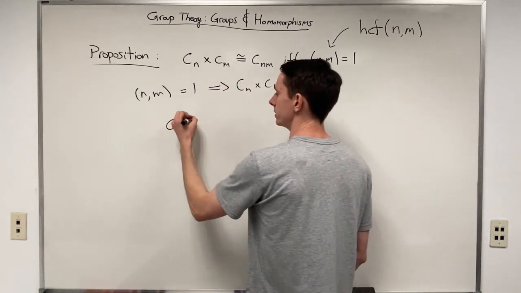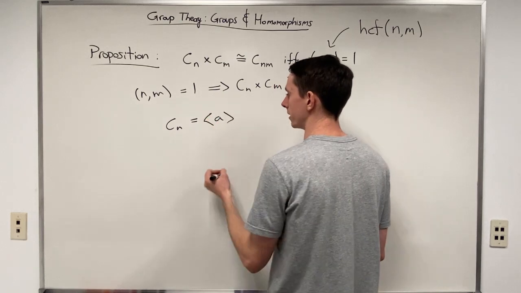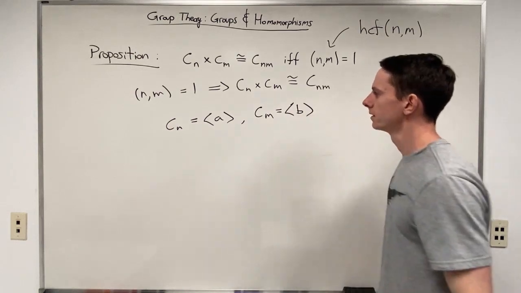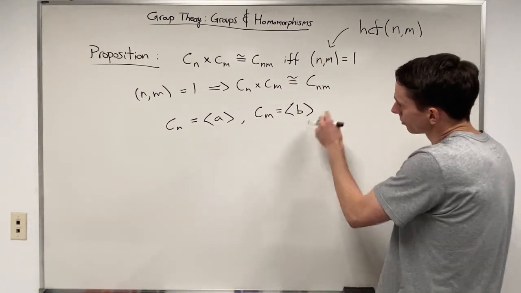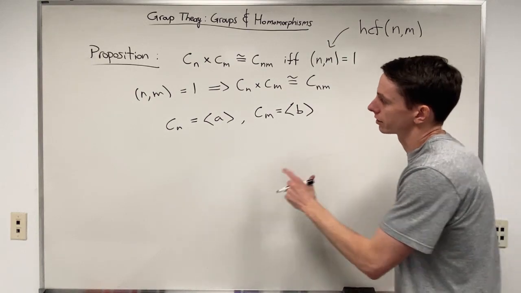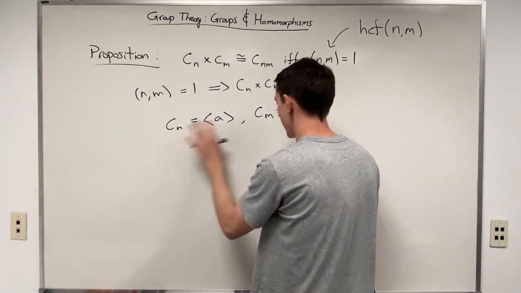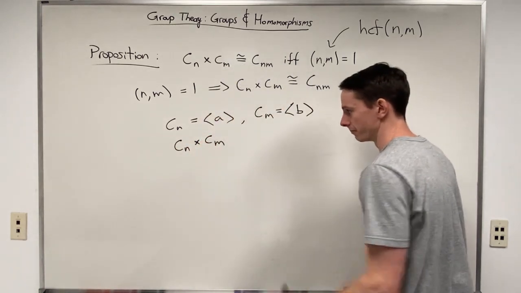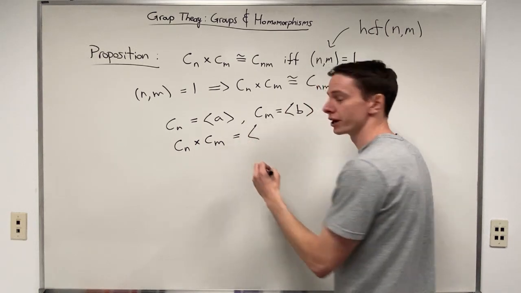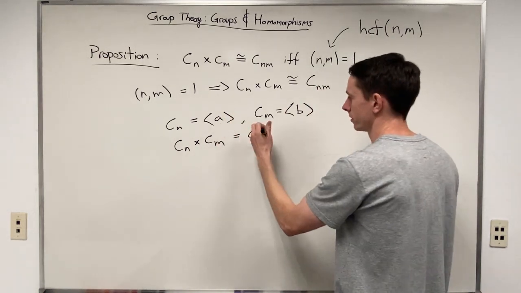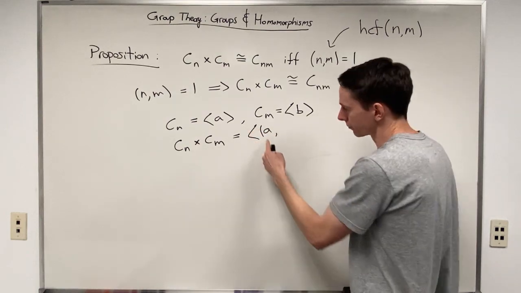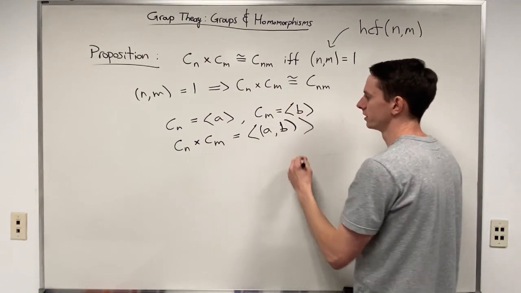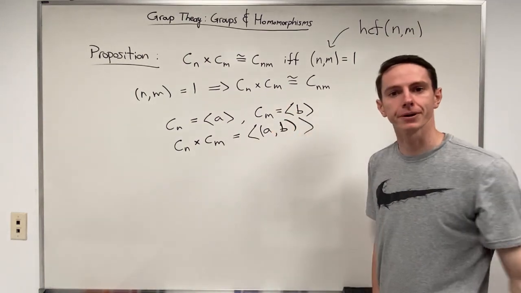So let's say C sub n is generated by the element A, and maybe C sub m is generated by the element B. Well, then we know that if we were to take the direct product between Cn and Cm, so just writing it out, Cn cross Cm, that would be generated by the ordered pair where the first element is the generator of the first, and the second element is the generator of the second. It's generated by this ordered pair right here.